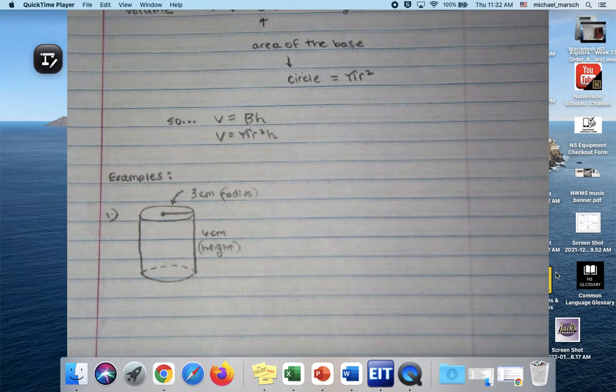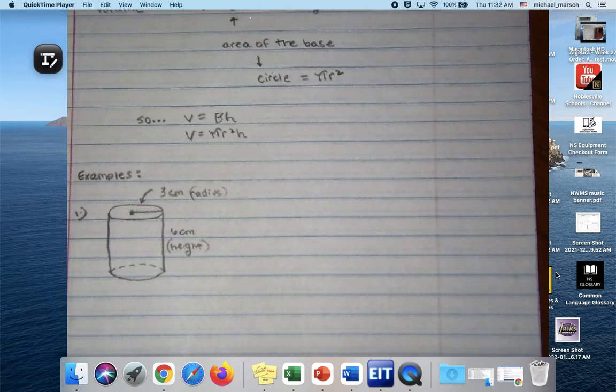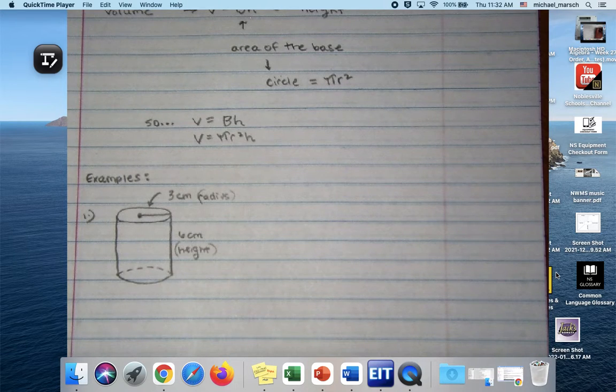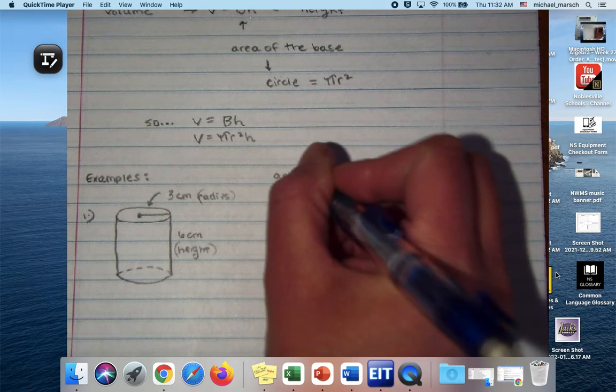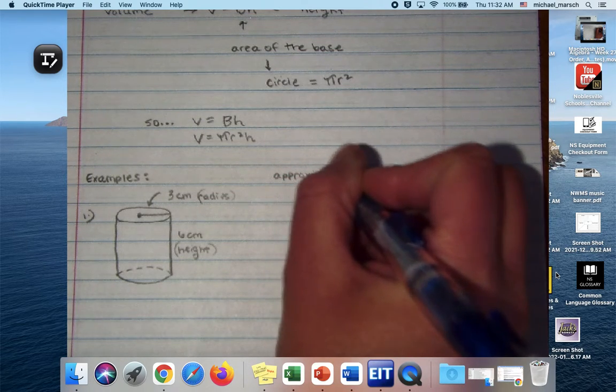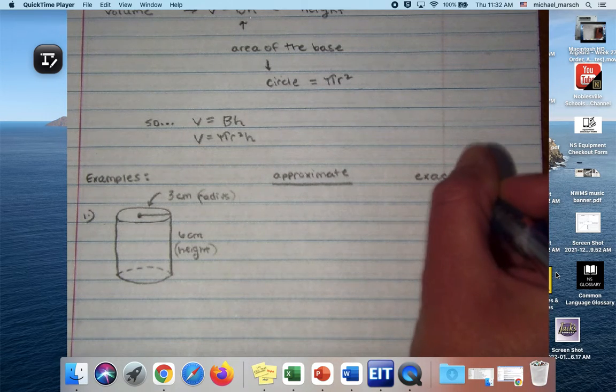Okay, so let's go ahead and use the formula. We're going to solve this two ways. We're going to solve it with an approximate value and an exact value, right? So it's not super unlike what we did at the end of Pythagorean theorem where we found exact values. So we're going to write approximate and exact.